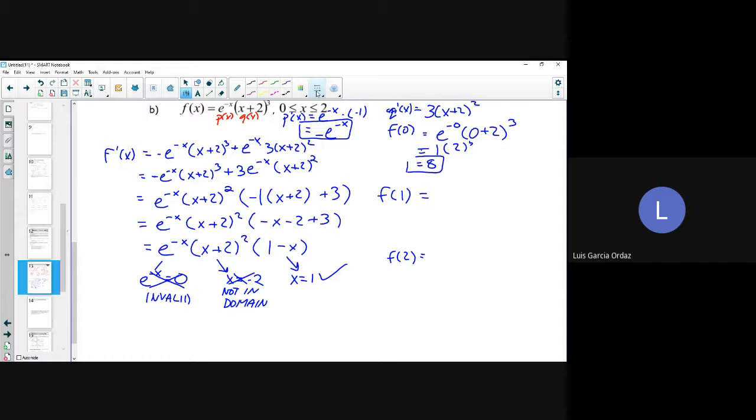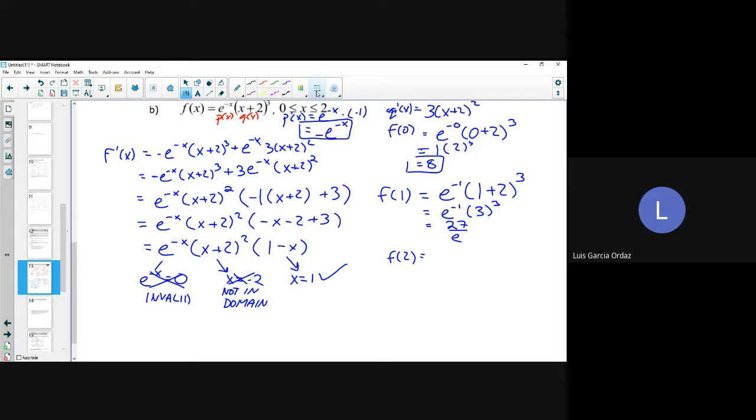So if I evaluate f at 1, I get e to the negative 1 times 1 plus 2 cubed, which means I get e to the negative 1 times 3 to the power of 3, which means I get 27 over e.